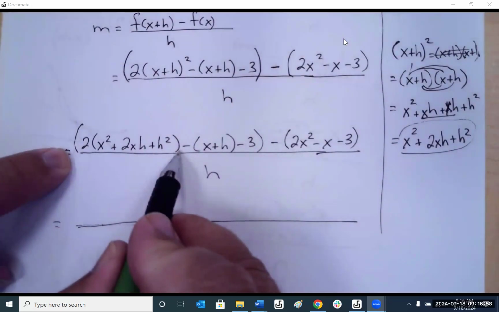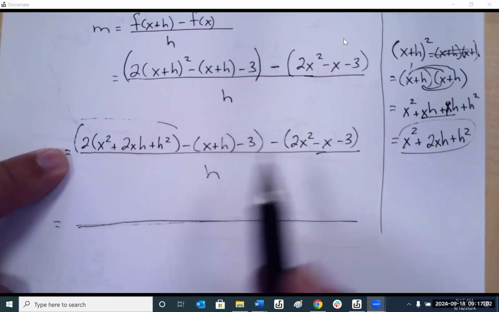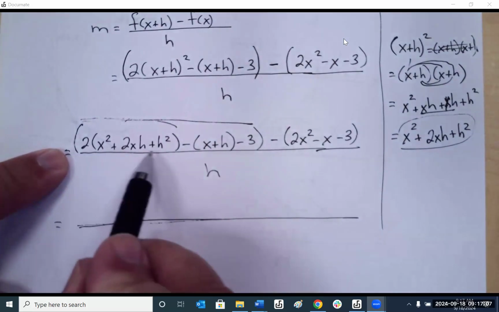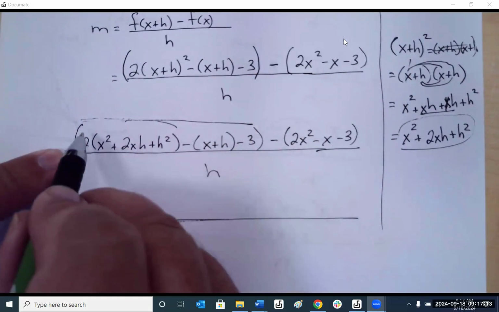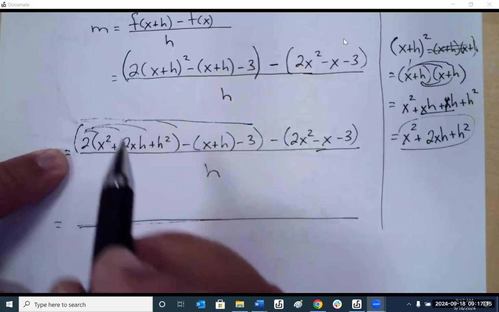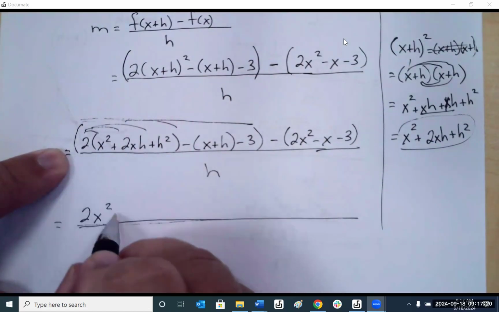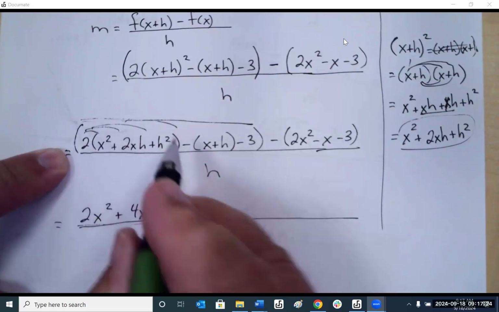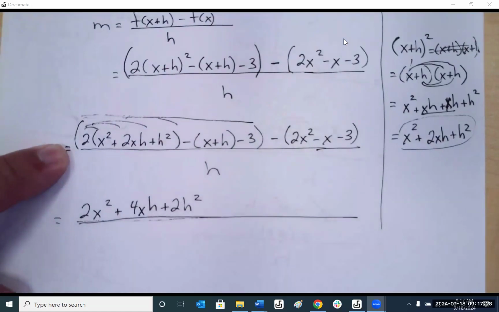Looking at the first parenthesis in this one. Can we do anything inside here? So we have to get rid of them. So distribute. We have 2x squared, 2 times 2 is 4xh, plus 2h squared.